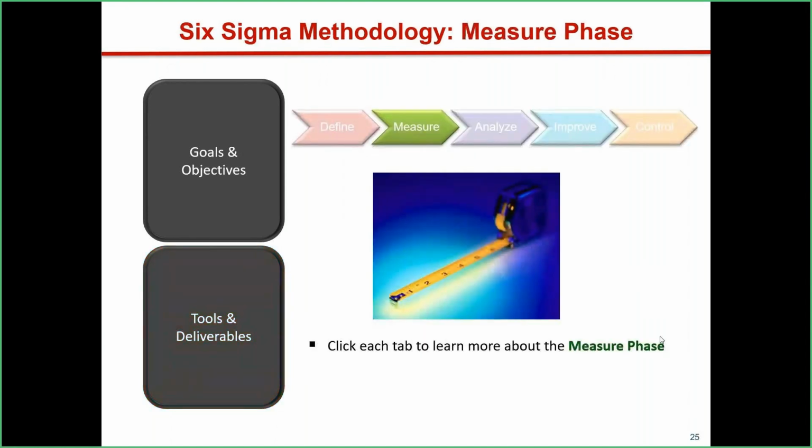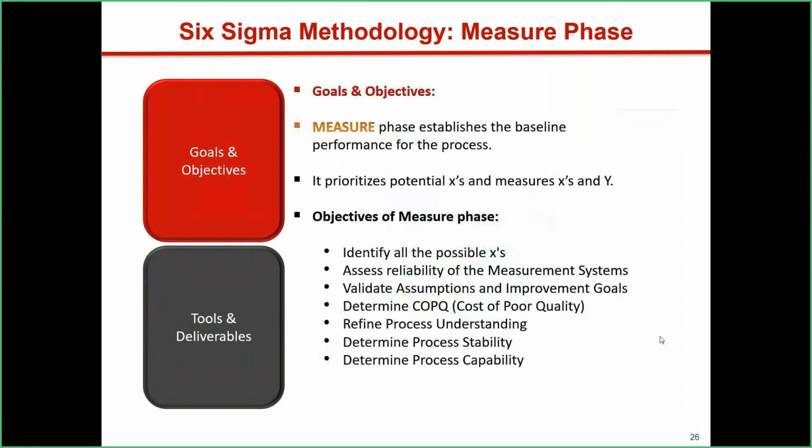In measure phase, we will establish the baseline performance of the process. It prioritizes potential X's and measures X's and Y. So your inputs and outputs. Identify the objective of the measure phase, identify all the possible X's, assess reliability of the measurement system.